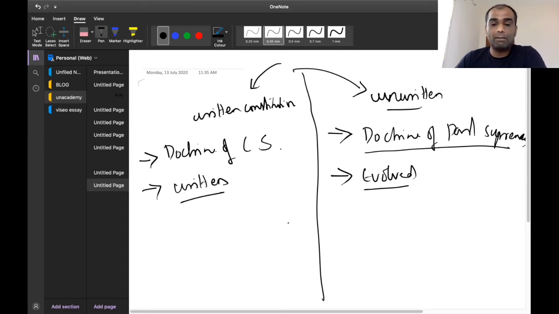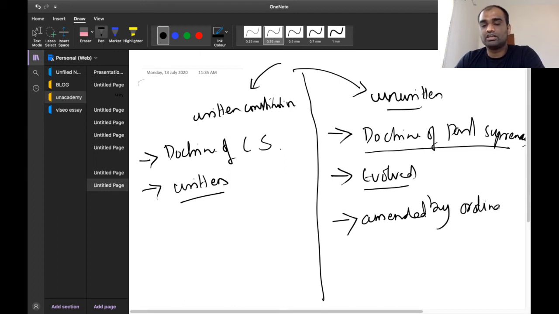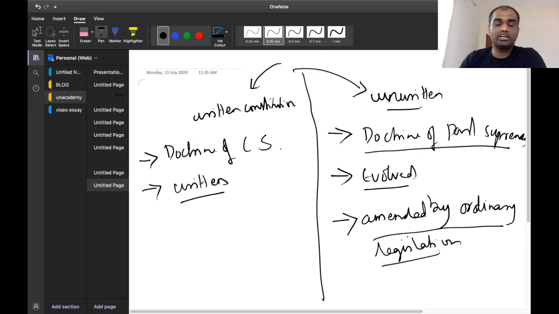Now, if you look at the amendment procedure for this particular type of constitution, in case of an unwritten constitution, it can be amended by ordinary legislation. Clear? It can be amended by ordinary legislation because Parliament has almost all authority when it comes to framing the constitution. So that's why Parliament, by passing ordinary legislation itself, can amend the constitution.